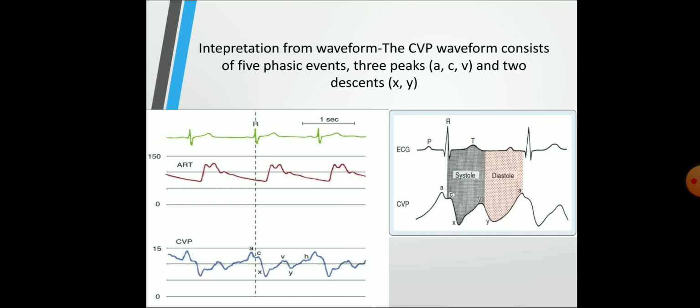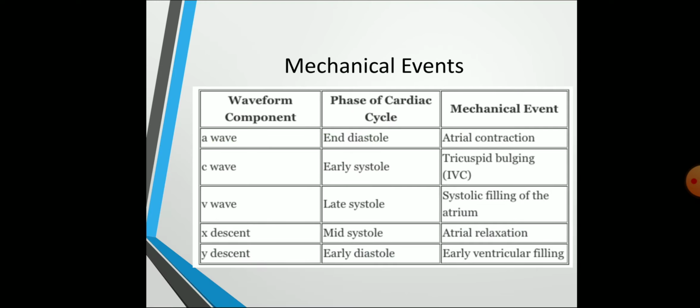Just like an ECG where you have PQRST, here you have A, C, V ascents and X and Y descents. So what causes these waves, and what are the mechanical events that cause this?